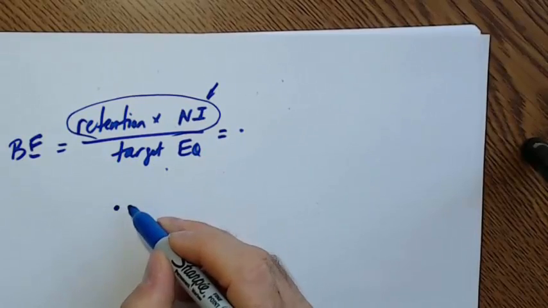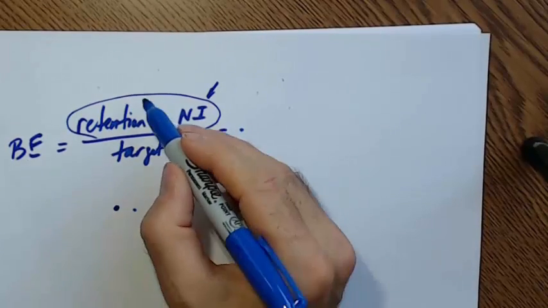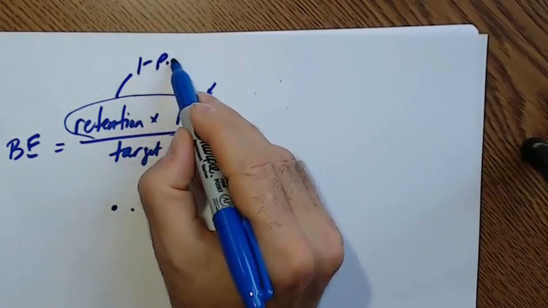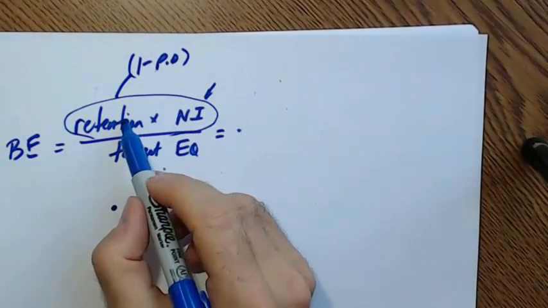So the retention rate, remember, 1 minus the payout ratio, we learned from another chapter, is retention.